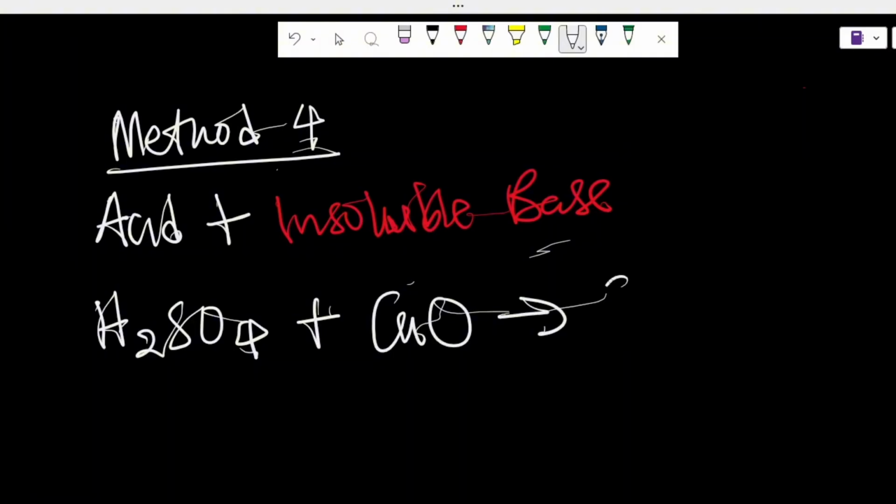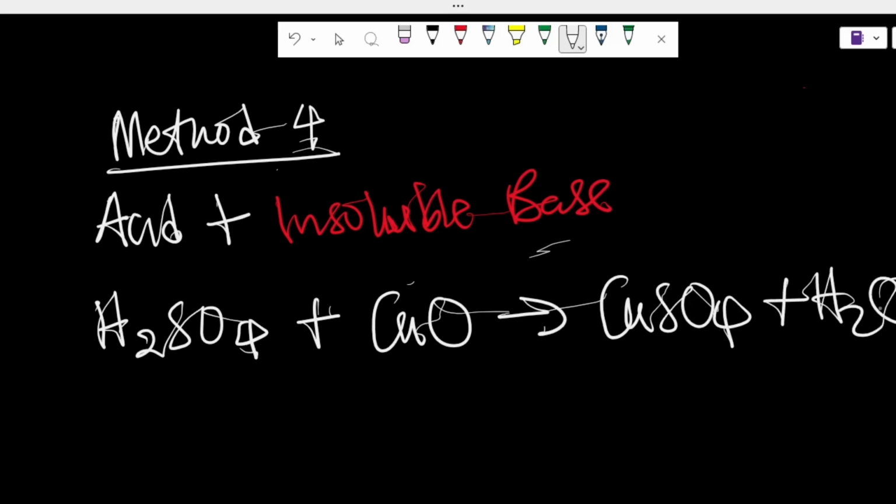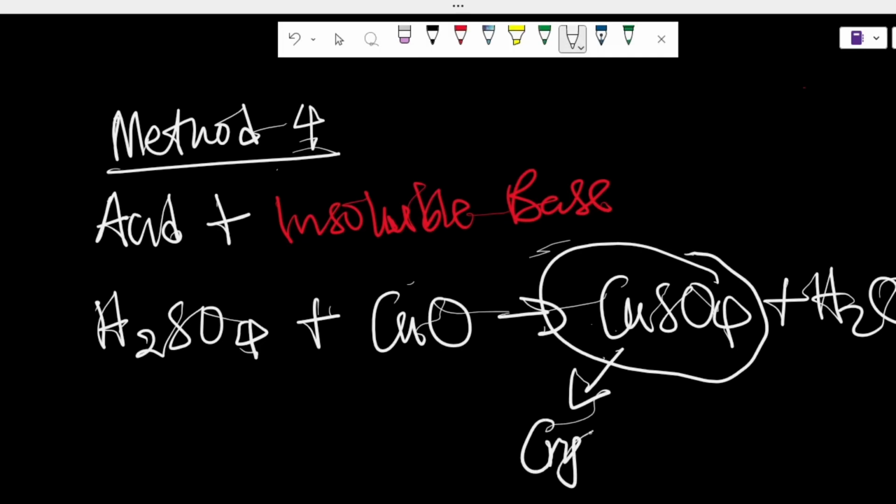So this is going to give you copper sulfate plus water. So in this case, again, this copper sulfate is going to be a soluble salt. So make sure that you understand. But usually this type of salt is collected in the form of crystals.